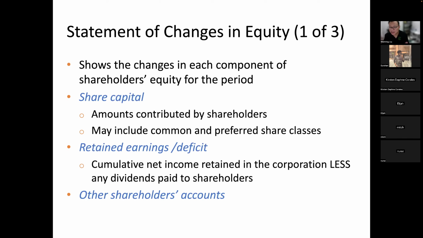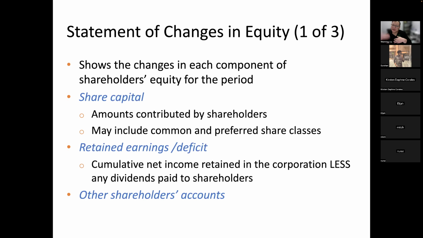Those will be called retained earnings. If the company has retained earnings, that is the accumulation of the earnings retained over the years in the company. And the shareholders are able to receive that money by dividend declaration, okay? If it's a retained deficit, that's the bad news, right? That tells me that the company doesn't make any money. Okay, so basically every year your net income will increase your retained earnings, and the dividends paid will reduce retained earnings. Okay?